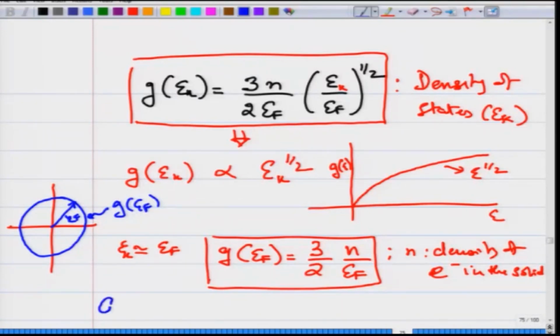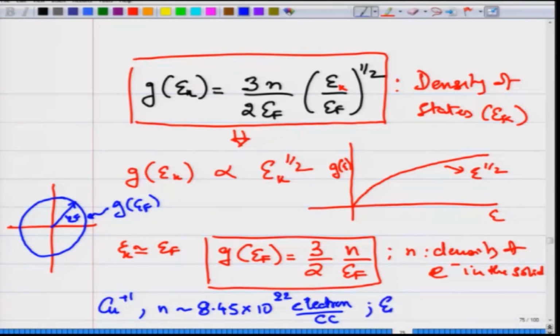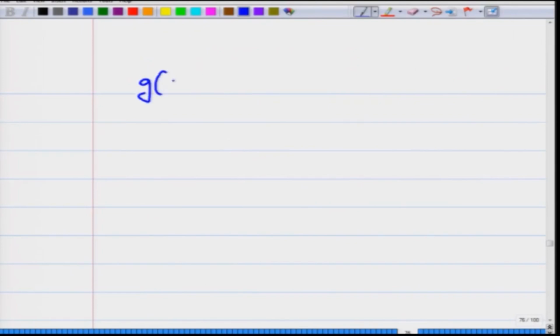And so, for example, for copper, the number density of electrons inside copper we have seen is roughly 8.45 into 10 to the power of 22 electrons per cc, and your E_f is about 7 electron volts, which gives you a density of states at the Fermi energy of the order of 10 raised to 22 states per electron volt.